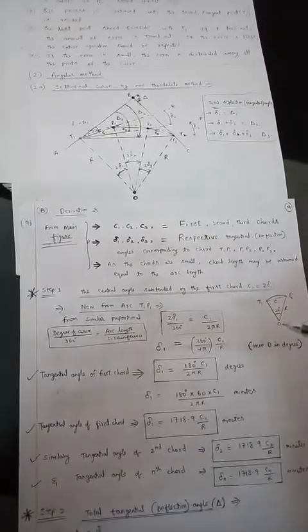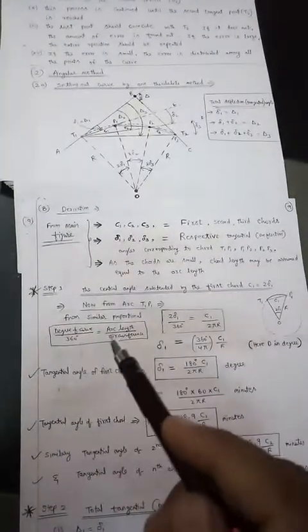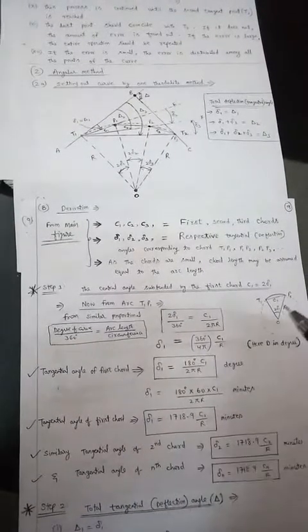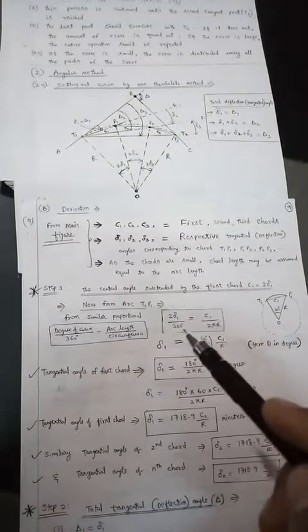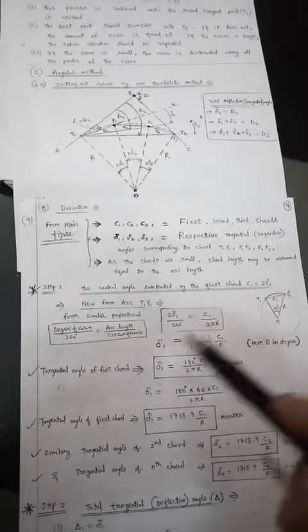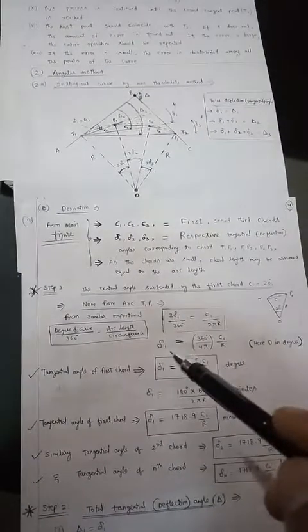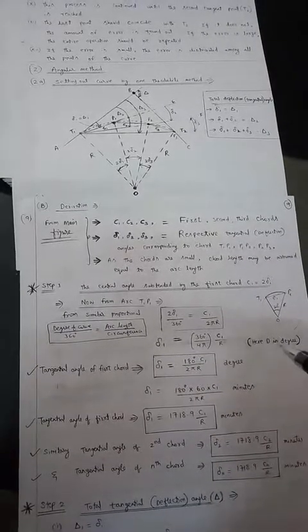This is the center of the circle, and this is the circumference. From similar proportion, degree of curve by 360 degrees equals arc length by circumference. So 2 delta 1 by 360 degrees equals arc length C1 by circumference 2 pi r.